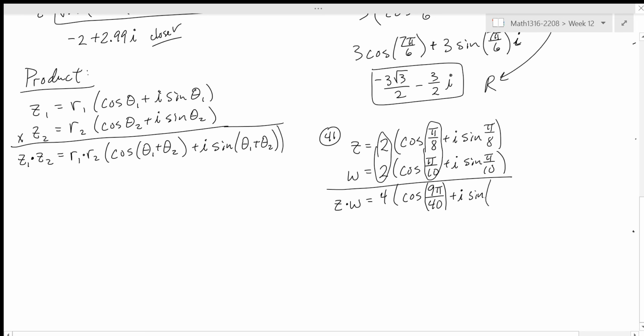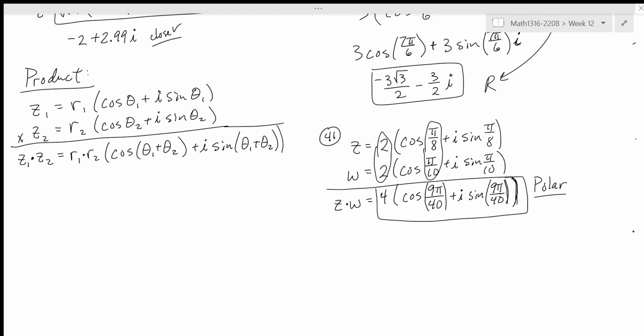It's the same thing for the sine, so you only have to do it once. I would like to let you know that this is where you're going to stop. This is the final answer if it says write your answer in polar form, because that answer is polar form.